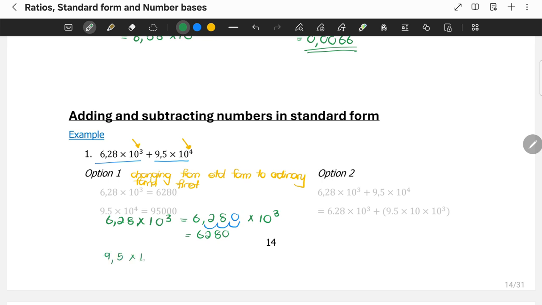And then 9.5 times 10 to the power 4. So that's 9.5000 times 10 to the power 4. Again, move the comma to the right this time to make it ordinary form: 1, 2, 3, 4. So then we're going to be left with 95,000.